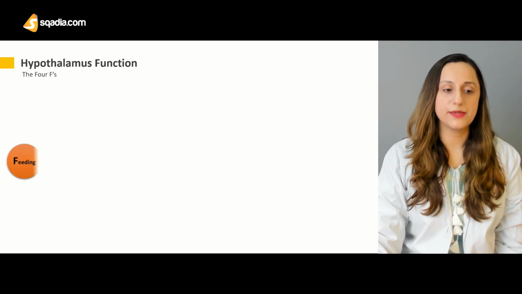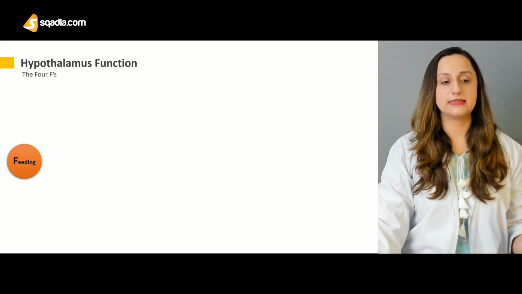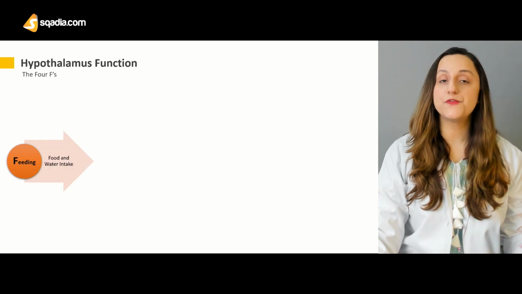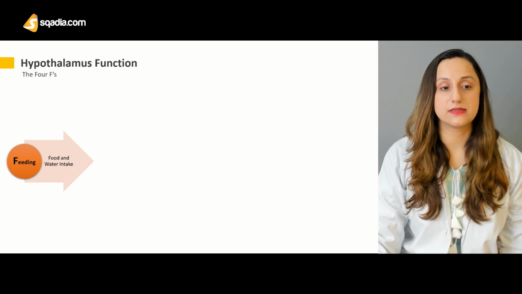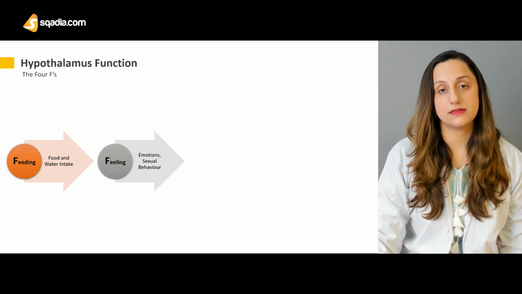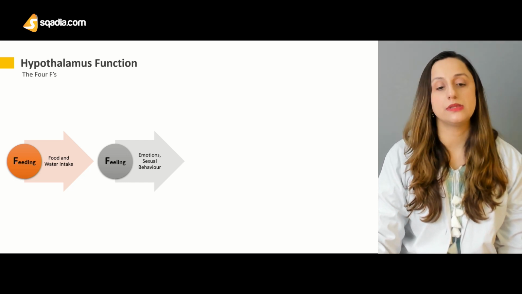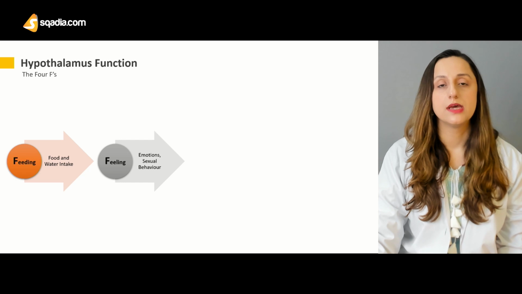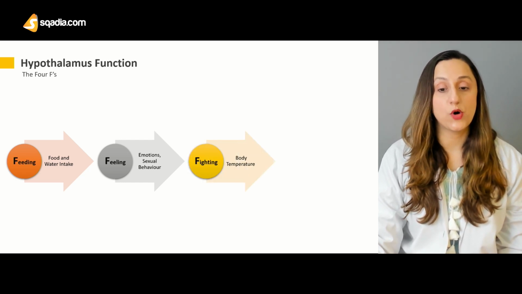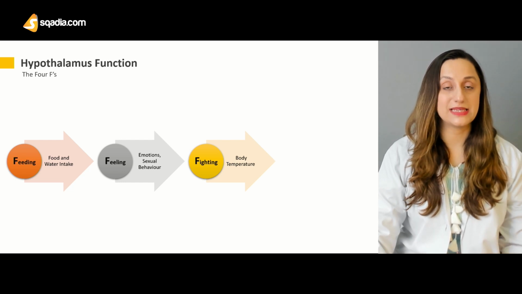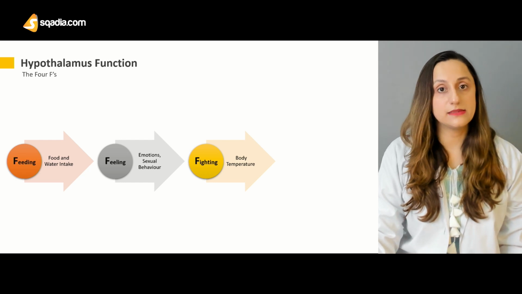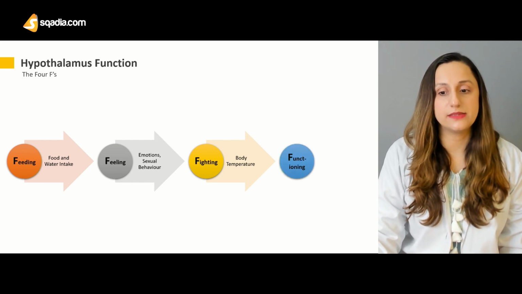The function of the hypothalamus can be remembered by these four F's. For instance, we have feeding, that is the food and water intake, which is controlled by the hypothalamus. Then the feeling, that is the emotions attached to this region, and the sexual behavior, again controlled by the hypothalamus. Fighting, that is the body temperature, preparing the body for the fright and flight phenomena; the body temperature is again controlled by the hypothalamus.